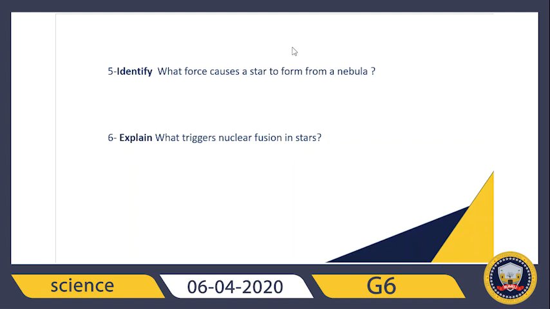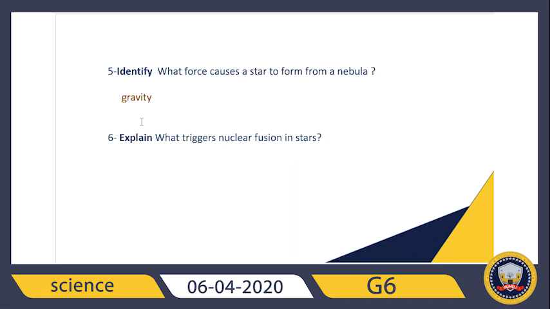There's something that causes this loose area to contract and form a dense core, which is where stars form. What is the name of this force that causes this contraction, guys? Remember? Yes, exactly, it's the gravitational force, or simply gravity. So the answer here is simply gravity.